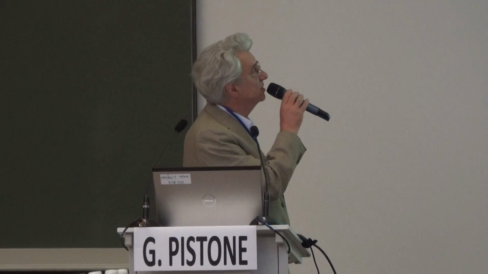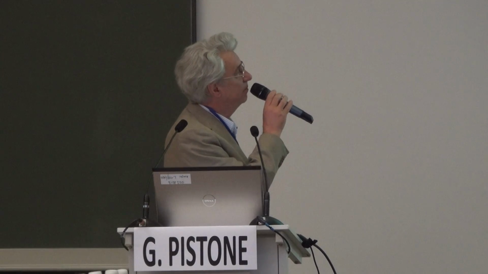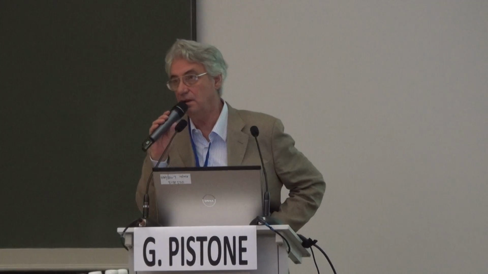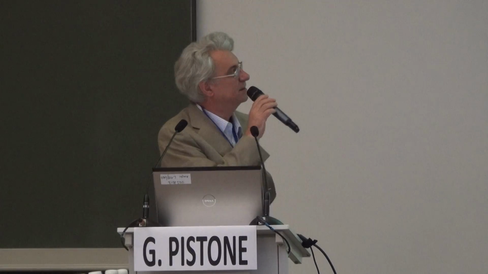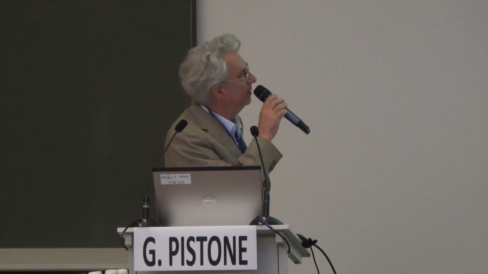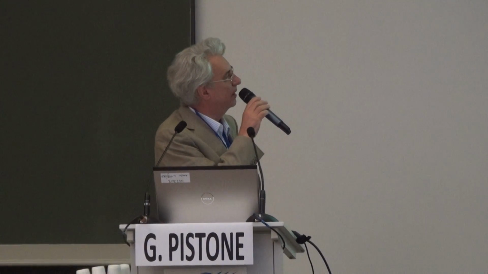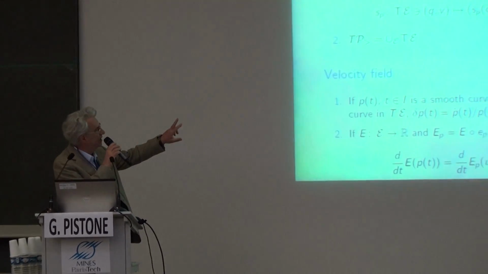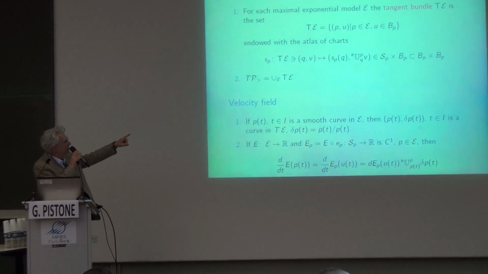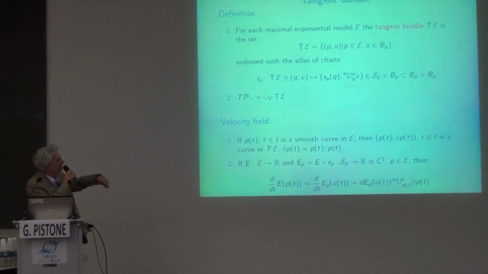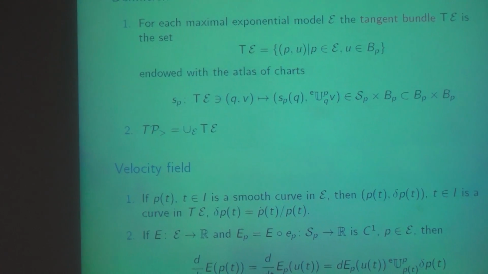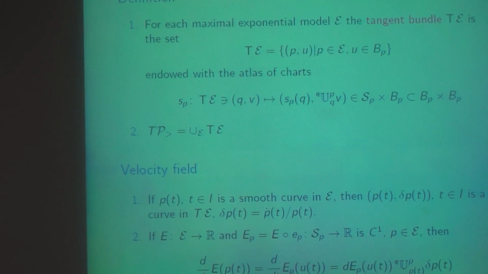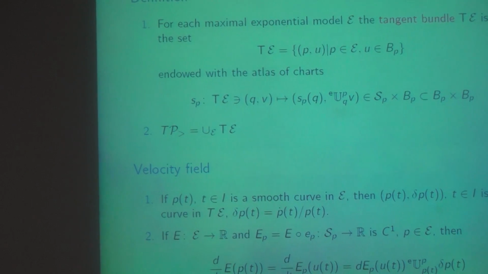So what is a tangent bundle? A tangent bundle is a set of all (P, U), where P is a density, U is a possible velocity, that is to say a member of B_P, and I give on this set the chart representing Q in the S_P chart, and V, which is in the wrong tangent space, is transported to the right tangent space by the exponential transport.